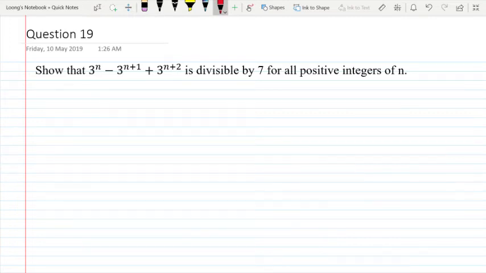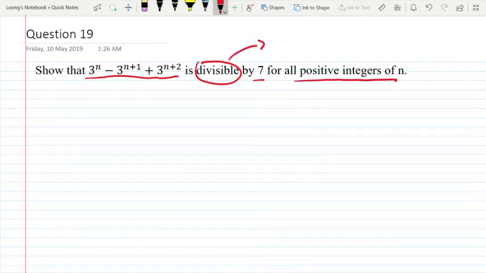Question 19 says that we need to show this equation here is divisible by 7 for all positive integers of n. So what does it mean by that? It means that by the end of it, the answer that you will get is actually a multiple of 7. So this 7 is actually important just to indicate that it is divisible by 7.